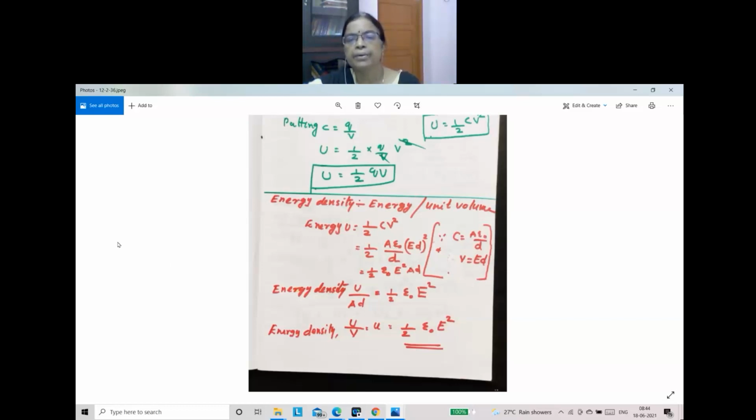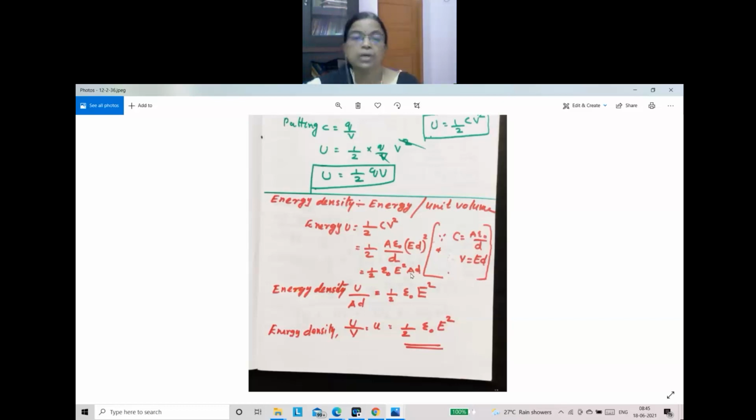Area of each plate into the distance between the plates. Area into distance, what is that? Volume. Now we are getting the volume. A into D is volume.